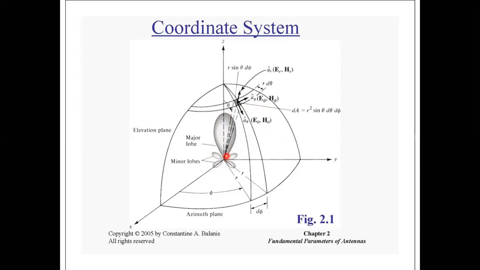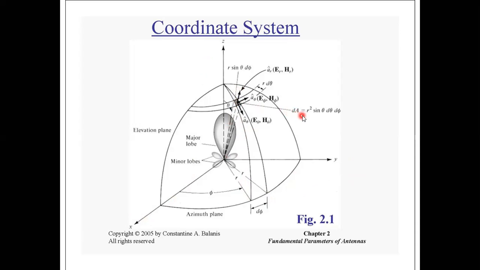Now, if you look at this particular diagram, it is a spherical coordinate system, a sphere, and here this is the projection to the horizontal plane. The XY plane is called the horizontal plane, and this is the Z axis. The small area on this surface is called dA.